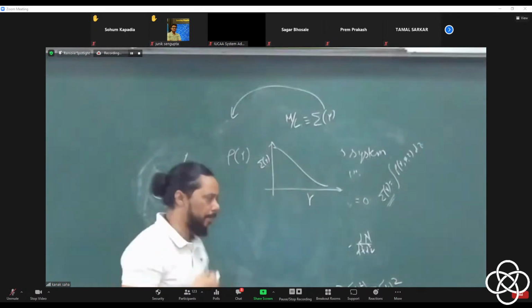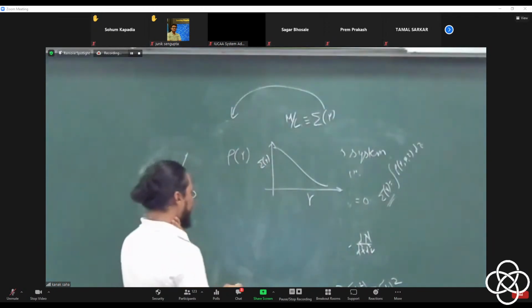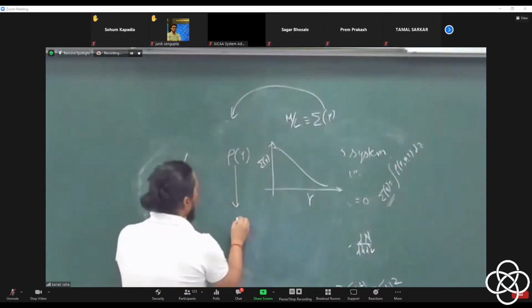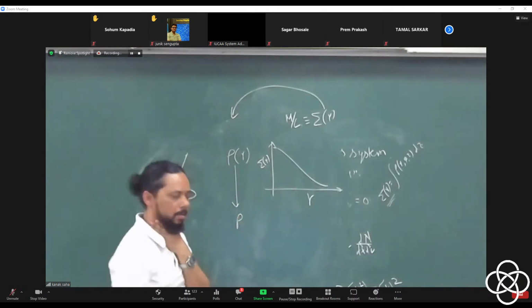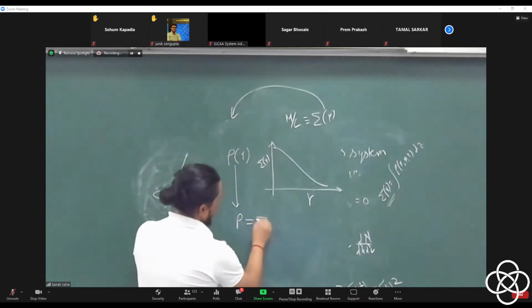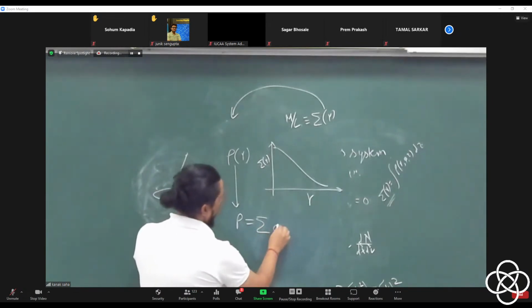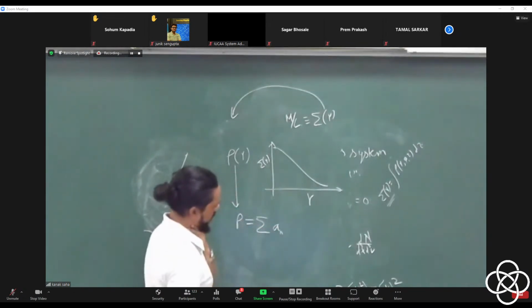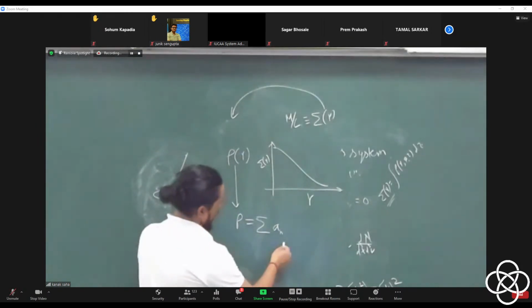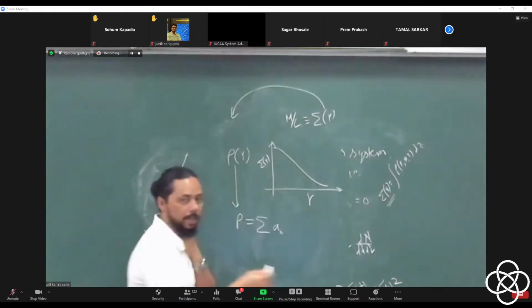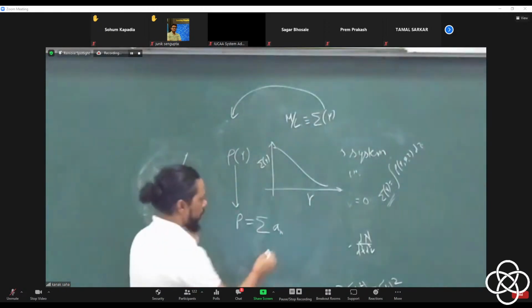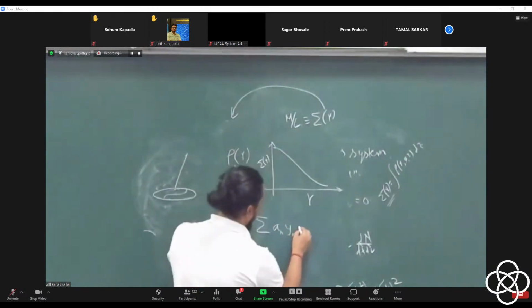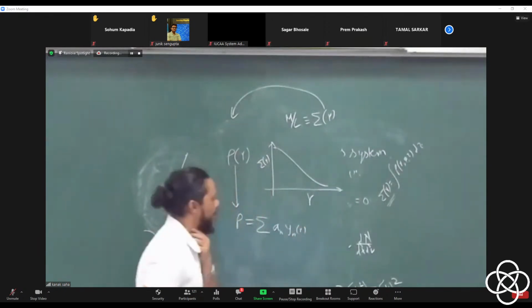The next step, what people can do here, is to think about rho as some kind of a sum over n of basis functions Y_n of r.